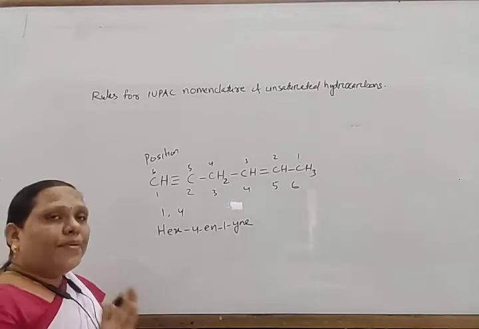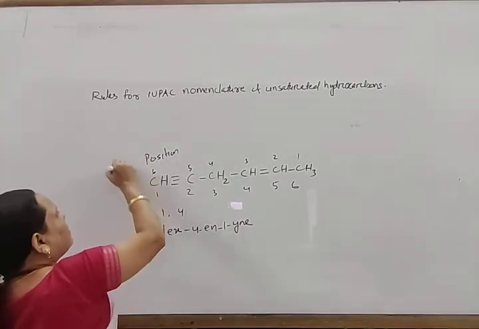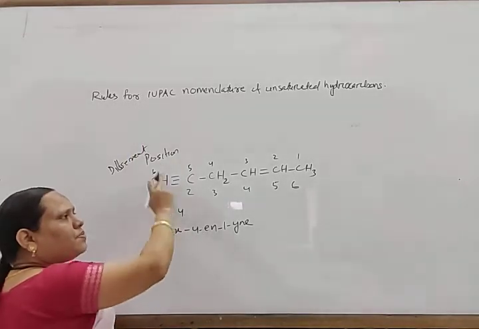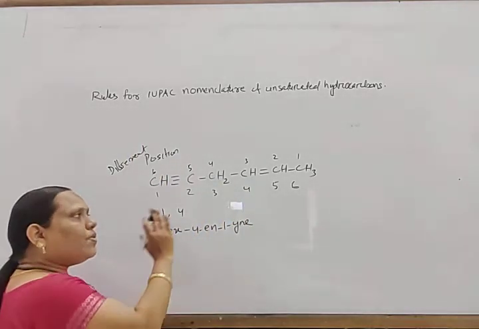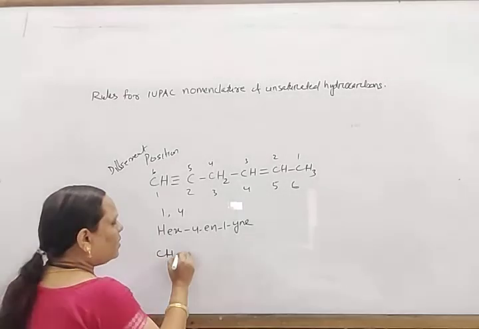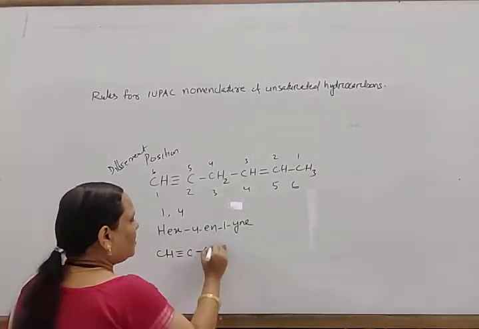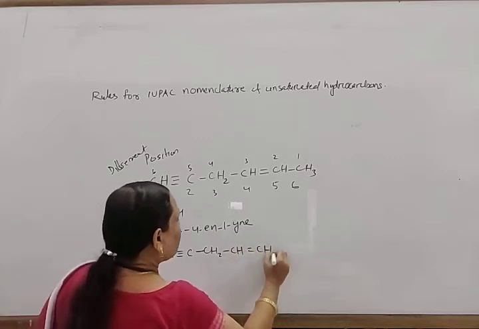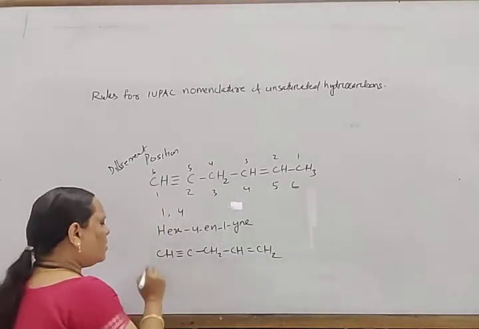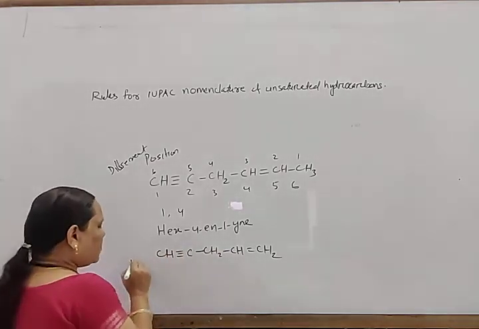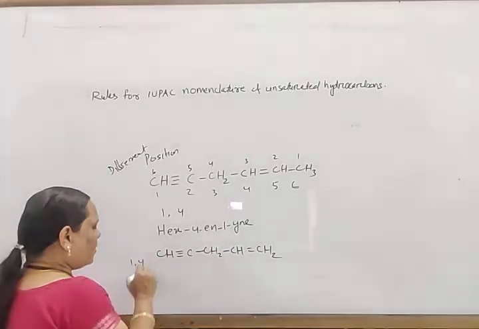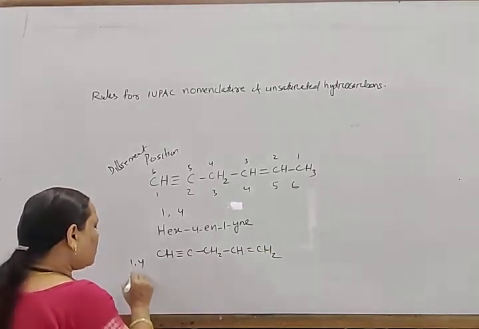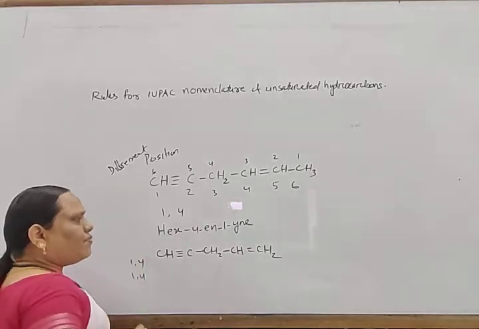But what if the positions are the same? Look here, CH triple bond C, CH2 and CH double bond CH2. You count the positions of the double bond and triple bond: 1, 4, and from the other side, 1, 2, 3, 4, it also gives the same positions, 1, 4 and 1, 4.